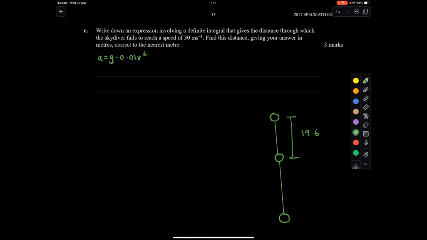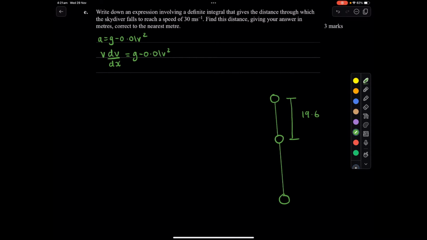We want x, which is the distance. So what formula comes to mind? Well, if you look at your formula sheet, you should see this formula: v dv/dx. This formula is great because it relates v with x, which is the position, and that's great for finding the distance. This is equal to g minus 0.01 v squared. If I divide both sides by v, we get dv/dx is equal to g minus 0.01 v squared over v.